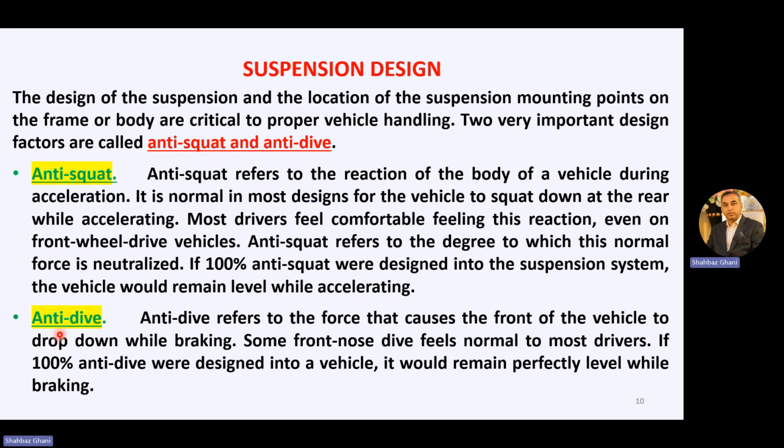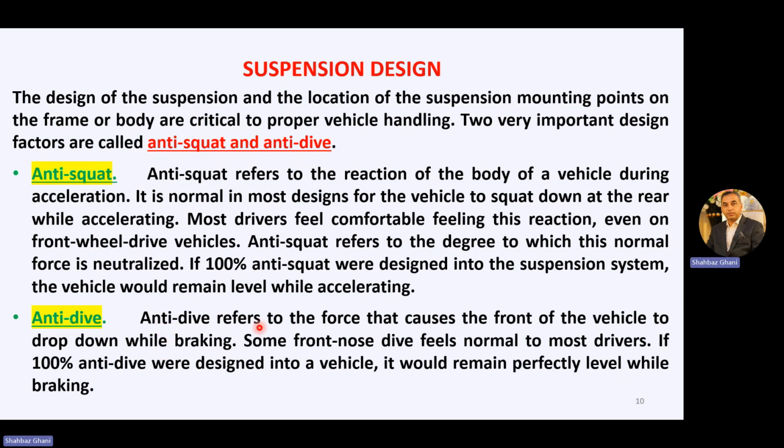Now, the other important factor or parameter which we have to cater for while designing the suspension system, that is the anti-dive. Anti-dive refers to the force that causes the front of the vehicle to drop down while braking. We are moving at a high speed and then we apply a brake. The front portion should not be having a dive. So there should be a suspension system to minimize or neutralize that dive motion.